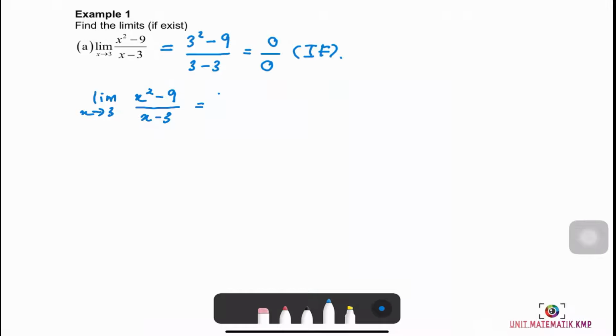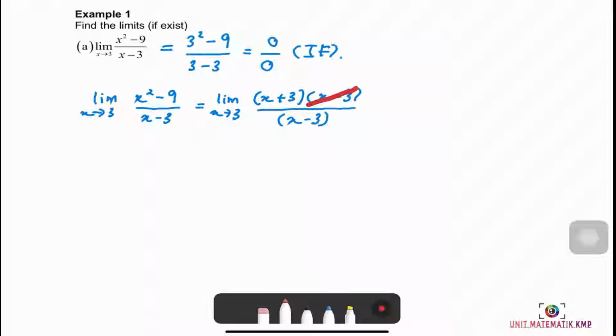We will have the limit of (x plus 3)(x minus 3) over (x minus 3) when x approaches 3. So what we can do here is simplify.